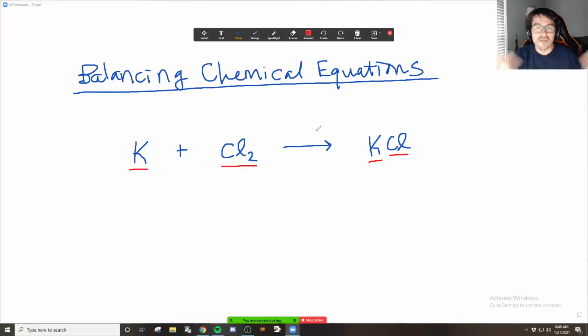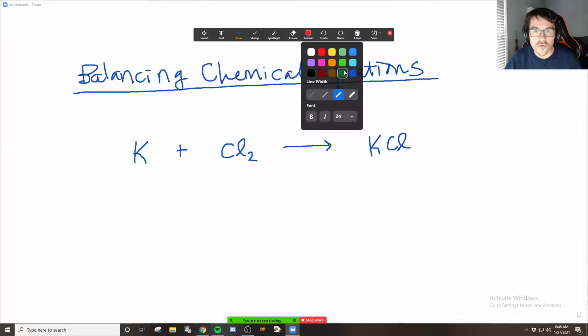But you can't just eliminate them altogether, okay? So in reality, if we have potassium plus chlorine gas, Cl2, the chlorine can't just disappear, okay? So what we are going to do is we are going to add in some numbers which are called coefficients.